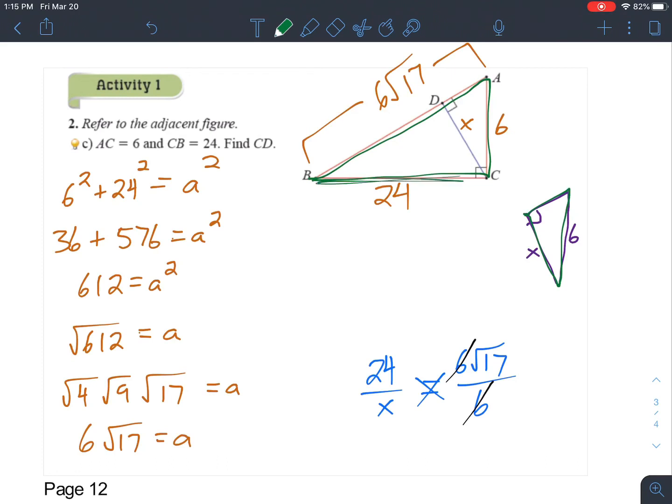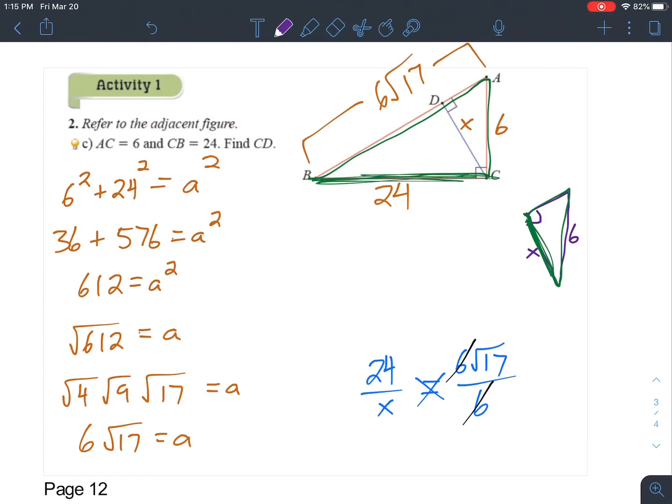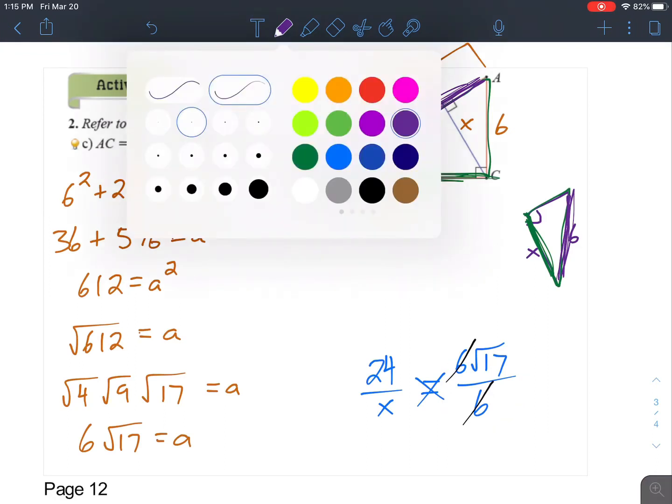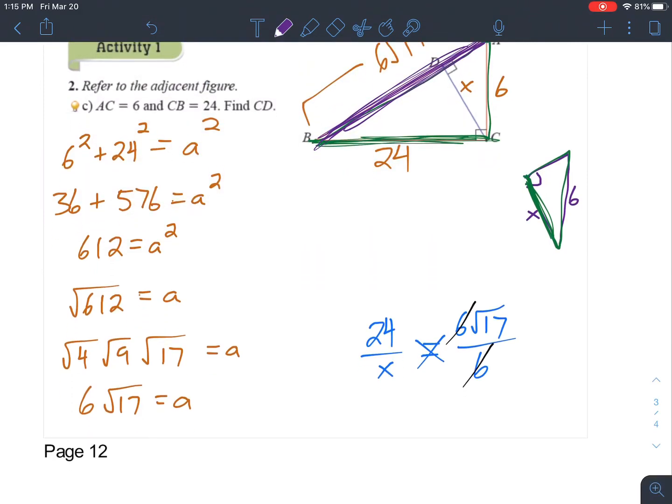And what I did was this 24 pairs with that x. So that's how I got this fraction here. Then for the second part, we know that the 6 square root of 17 is similar to the side that is 6 right there, and so that's how I got the second fraction. Now that we've put that together, then we can solve this.